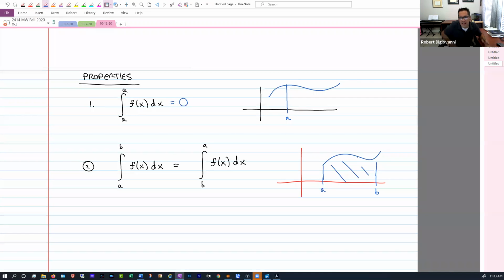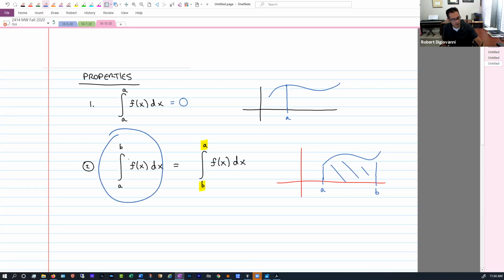It seems like maybe the area would be the same, but it all has to do with the way the rectangles are drawn geometrically.